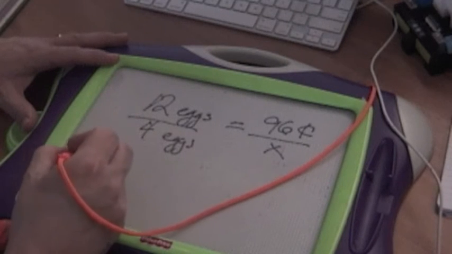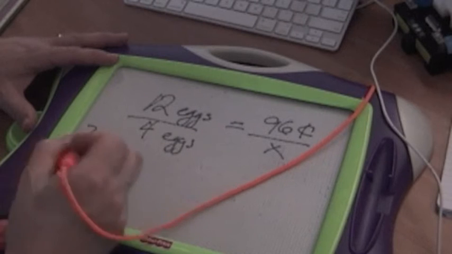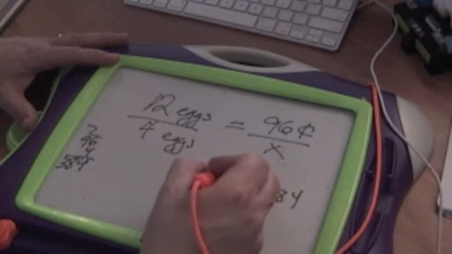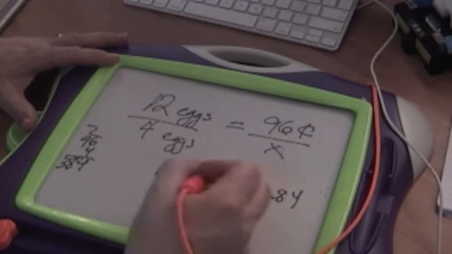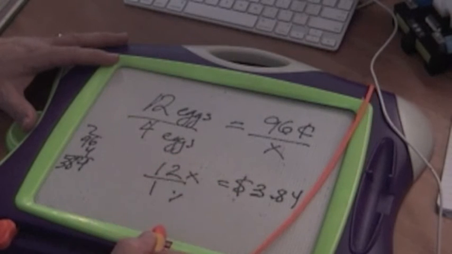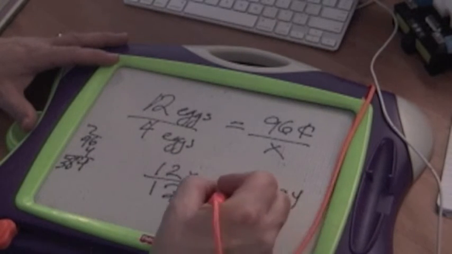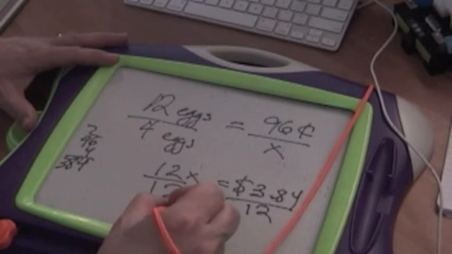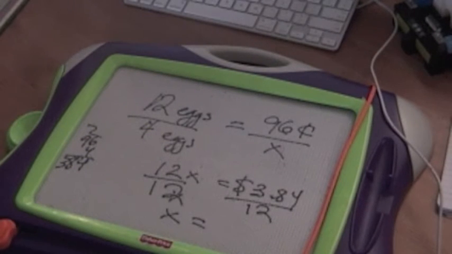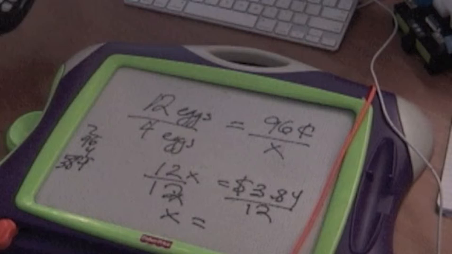Let me do that here. 24 to $3.84, if I did my math correctly, equals 12 eggs, which is 12x. So in order to find out what 1 egg cost, I'll have to divide both sides by 12. So x will equal 32 cents.